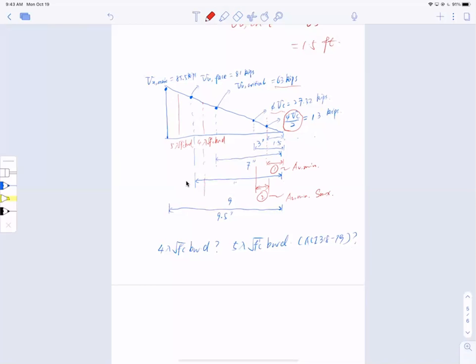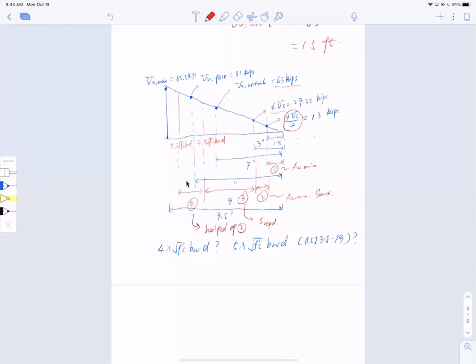Between 4 lambda square root f prime c and this right here is region 3. In region 3, we have to calculate the spacing of the stirrups using that equation for stirrups. And beyond this, we need to have halved spacing, half of region 3.